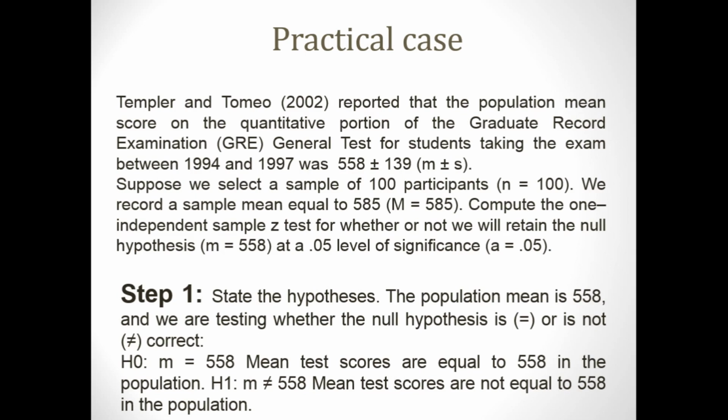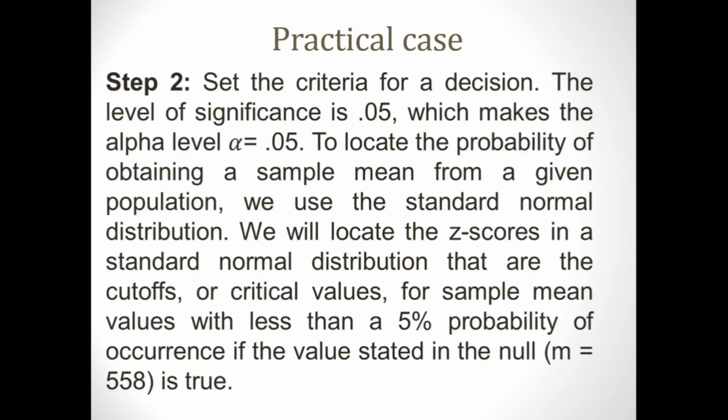In step 2, we set the criteria for the decision. The level of significance is 5%, which makes the alpha level 5%. To locate the probability of obtaining the sample mean from the given population, we use the standard normal distribution.